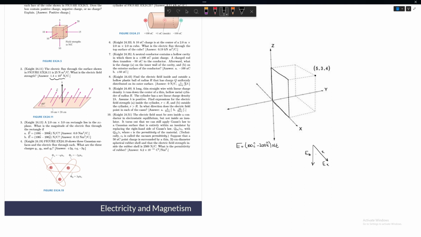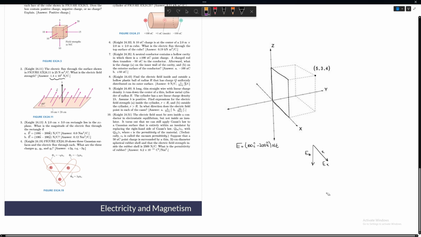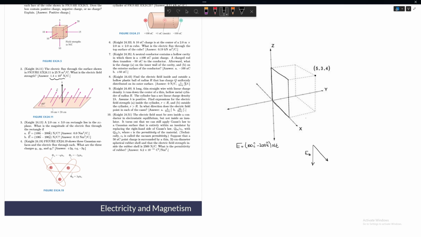Now that means my electric field goes from this point to that point. This is going to be my EX, and so my E vector goes across that way, from here to here.